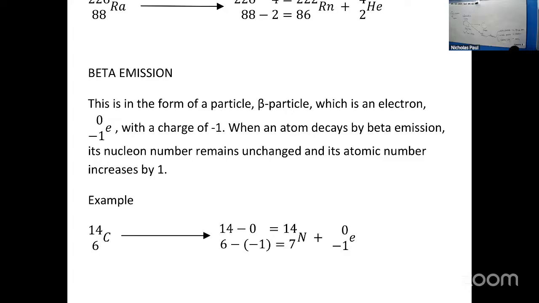So the mass number, is it staying the same or changing? It stays the same, and the atomic number is increasing by what? So make a note of that. During beta decay, the mass number stays unchanged and the atomic number increases by 1.